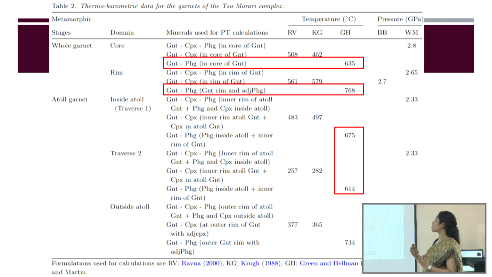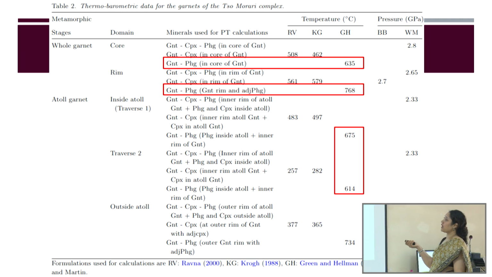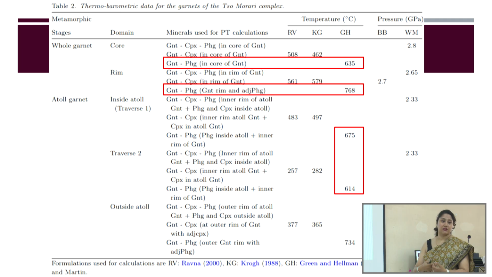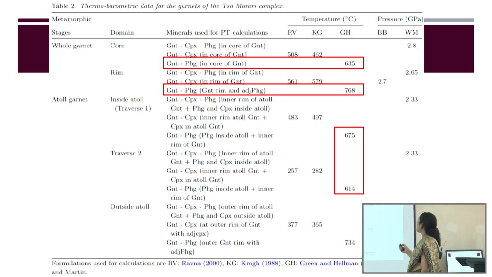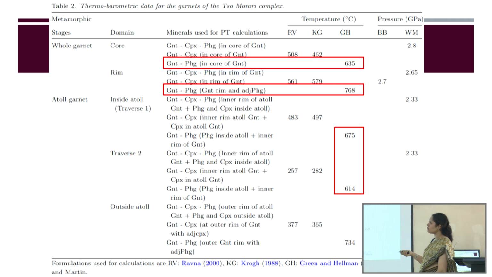The rims of course showed higher temperatures, because the crust is subducting. So you're getting higher temperatures at the rims, which is nearly 800 degrees Celsius, and there was no pressure calculated here, so we didn't use a barometer. When you looked at the atoll garnets, we realized that the temperature is in fact dropping.